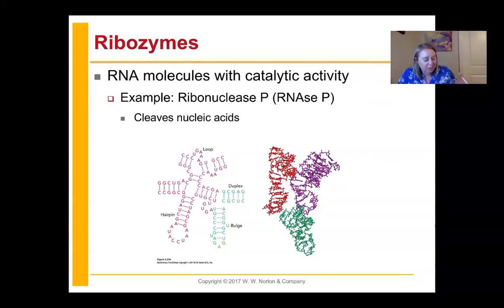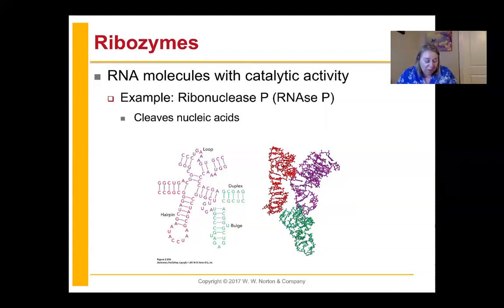All right, so let's talk about the three-dimensional structure of RNA. One example of RNA that has catalytic activity is ribonuclease P, RNase P. RNase P cleaves nucleic acids, and it's really cool because this RNA folds back in on itself and makes complex double-stranded helices inside of the RNase P molecule.